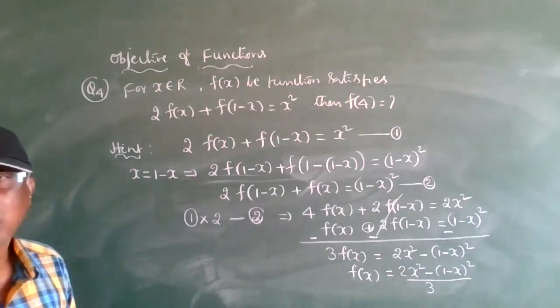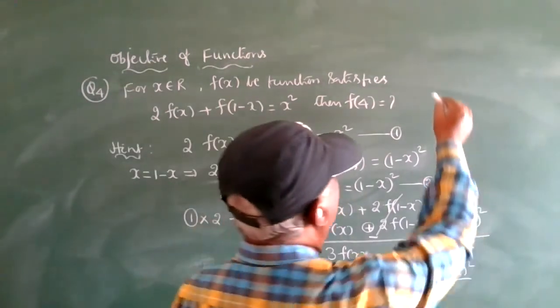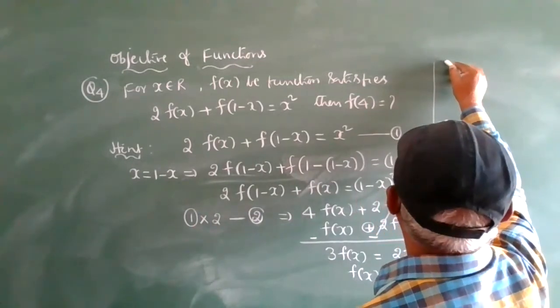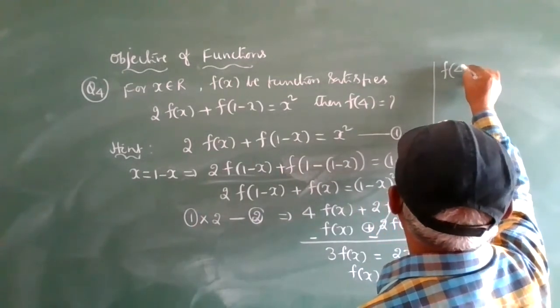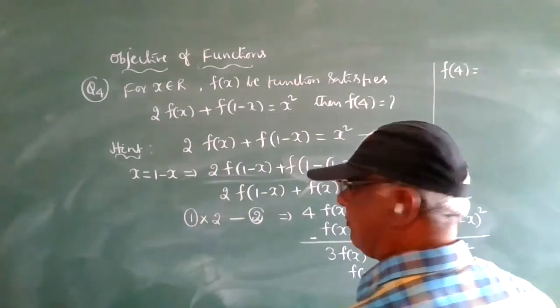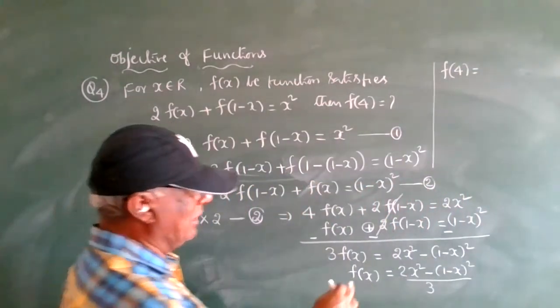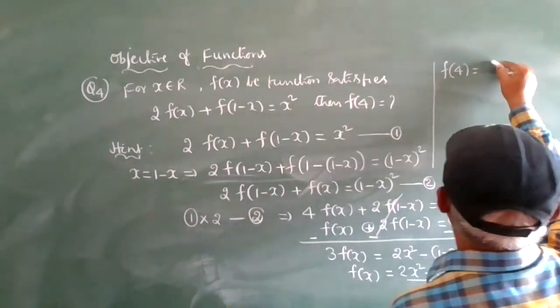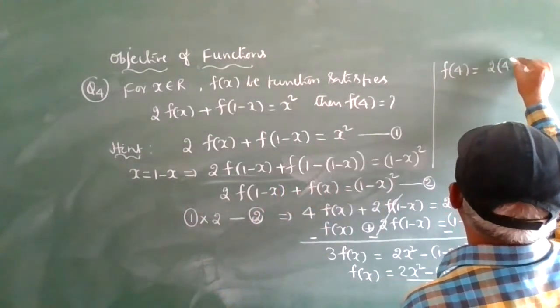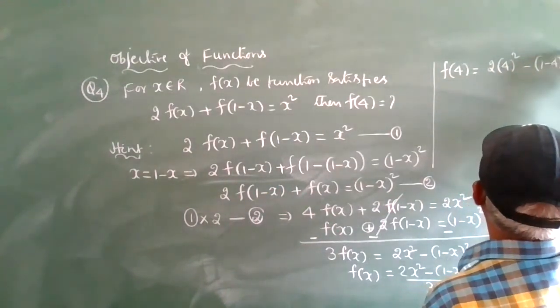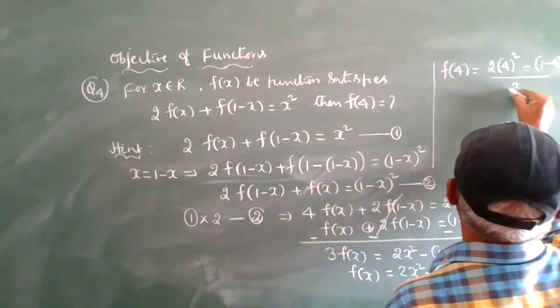Now substitute x place as 4, since f of 4 is required. So that is equal to 2 into 4 square minus 1 minus 4 whole square, with denominator 3.